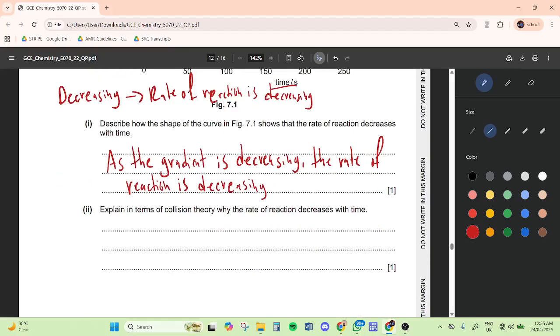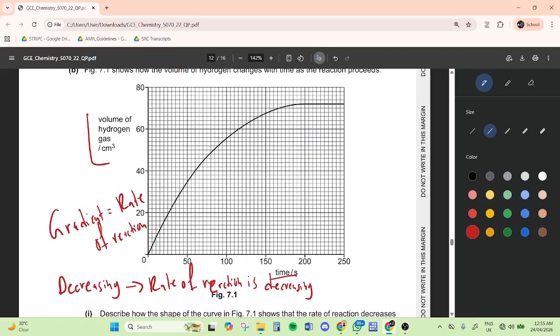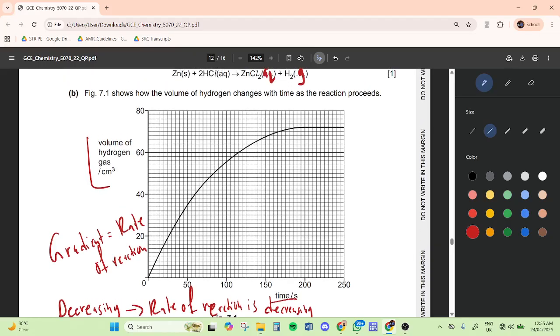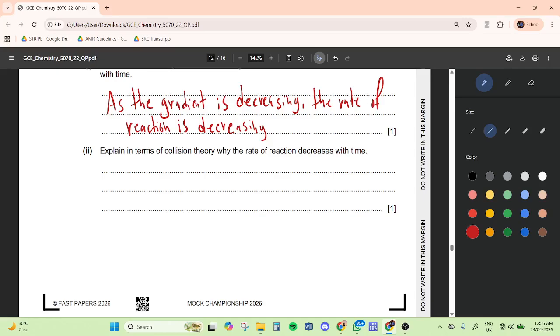All right, so let's move on to the next question. Explain in terms of collision theory why the rate of reaction decreases with time. With every reaction that happens, the particles start off very close to each other. As a result, there are more effective collisions.